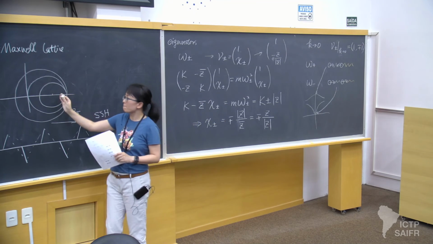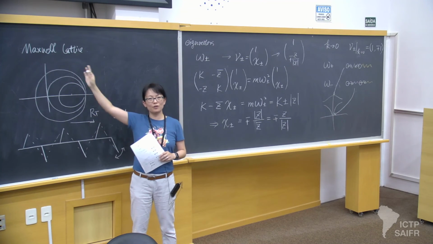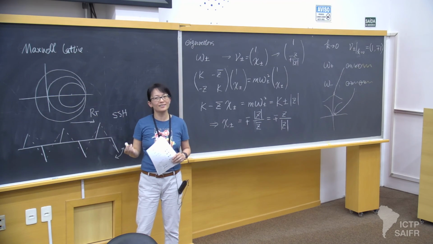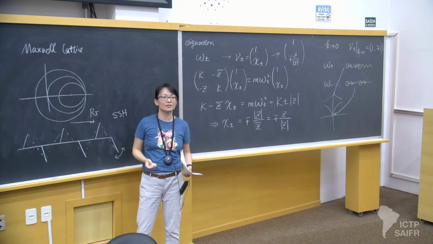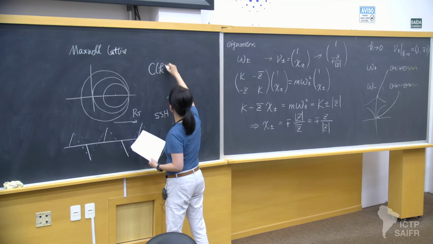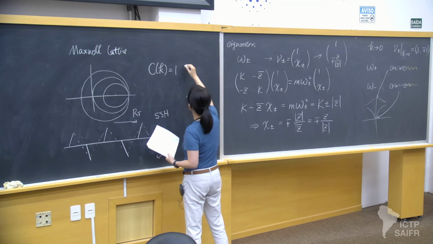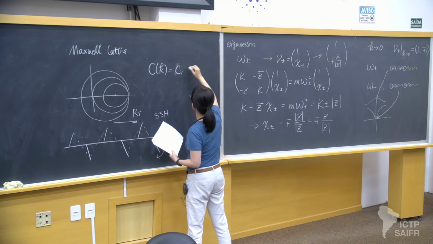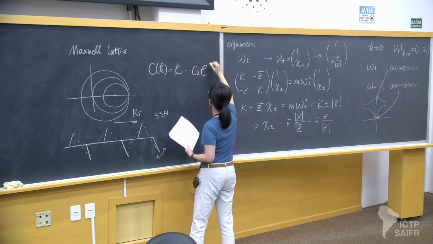But the quantity where you ask what is the phase winding, remember, is the C matrix, right? So in that case, you have a C of k that is, I think, C1 minus C2 e to the ika.